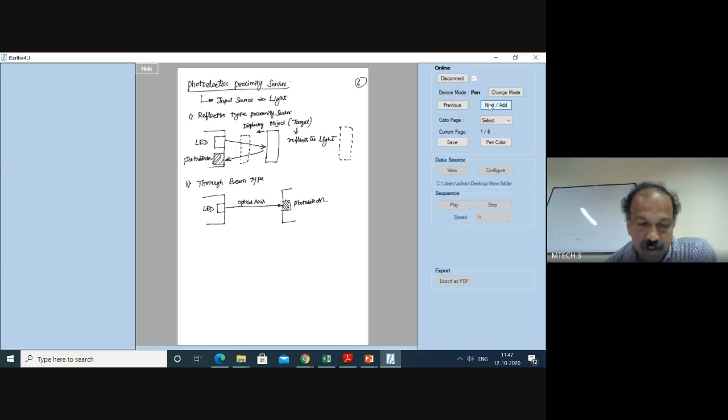Clear? Now I will have the object. I will move this object and pass it through. What is the effect? When I move this object, let's say the object has come here, what is going to happen to the photo detector?